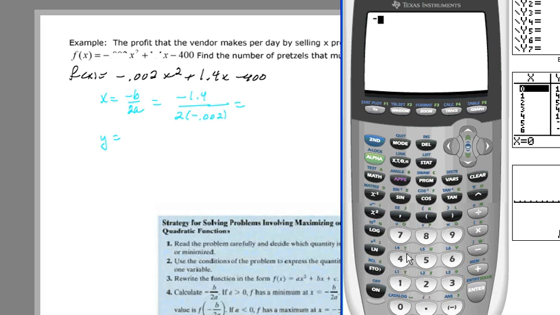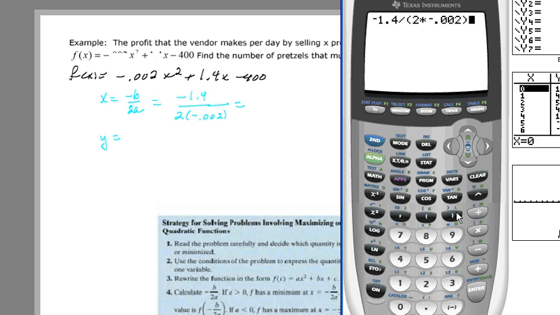Negative 1.4 divided by, and let's use parentheses for the denominator, 2 times negative 0.002.